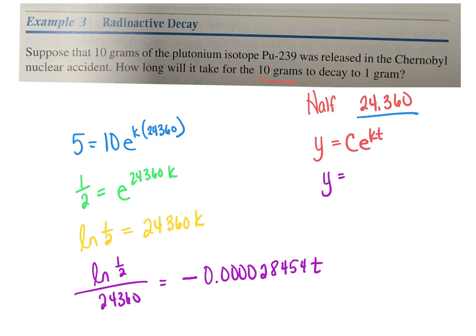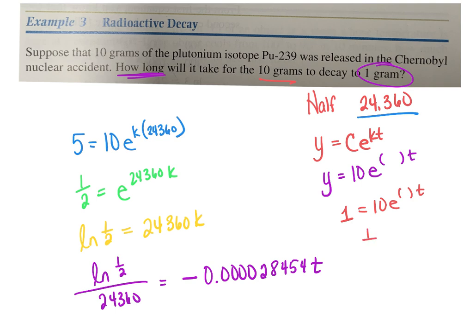So I now know my problem here is going to look like this. 10 e to the, and I'm just going to do that because I don't want to write him again, t. And so now we say, well, what is the problem asking us? How long will it take for it to be 1 gram? Which means I'm solving for my t. So I am wanting it to be 1. I am solving for my t here. So I'm going to do the same thing.